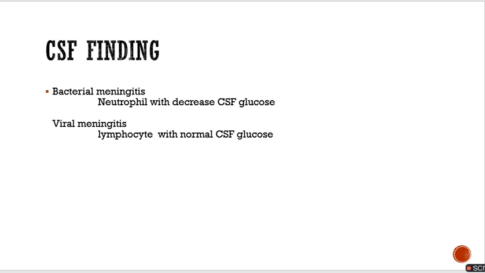When the CSF test and culture sensitivity report comes, you check if there is an increase in neutrophils with decreased CSF glucose level. When glucose level becomes low but neutrophils increase, it confirms bacterial meningitis. But if it is viral meningitis, lymphocytes increase with normal glucose level.